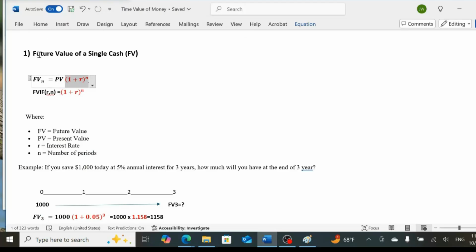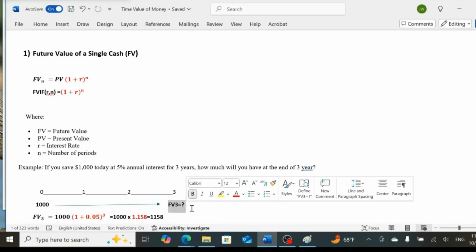Okay, so this is our first formula, the future value of a single cash flow formula. Given today's amount, at any interest rate, anytime in the future, we can find its equivalent amount in the future. So let's look at an example. If you save $1,000 today, and you can earn 5% every year, after 3 years how much will you have at the end of the 3 years? The question asks, what is the future value in year 3?